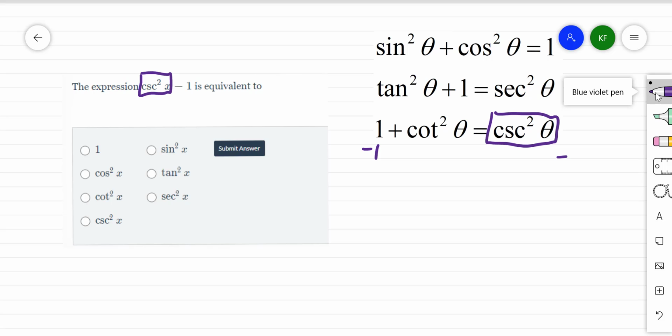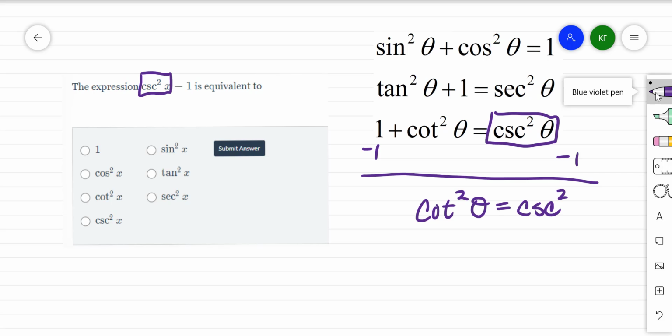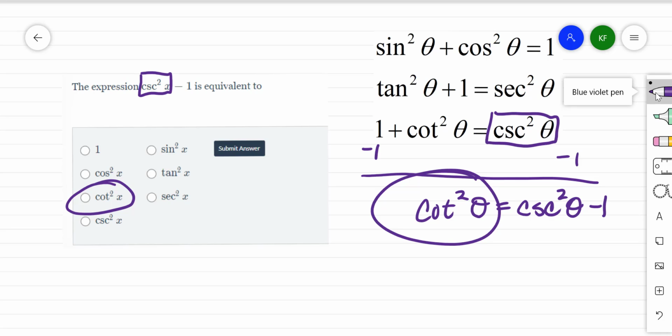I'm going to subtract 1 from both sides, and since it's the bottom one that's here, that's nice. I don't have to rewrite it. Then it's cosecant squared theta, minus 1. So you can see this one is cotangent squared. That's basically what you have to be able to do for the Pythagorean identity, so you can use it later on. Remember, this is just a skill that we're learning right now, and we're going to use it to solve equations.